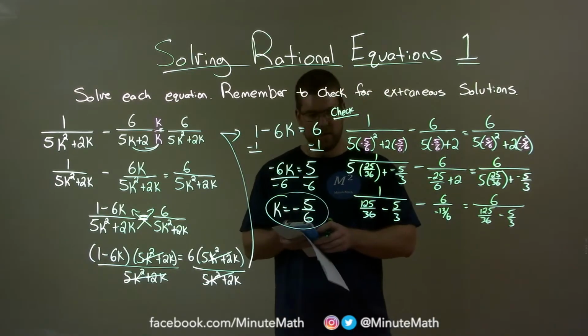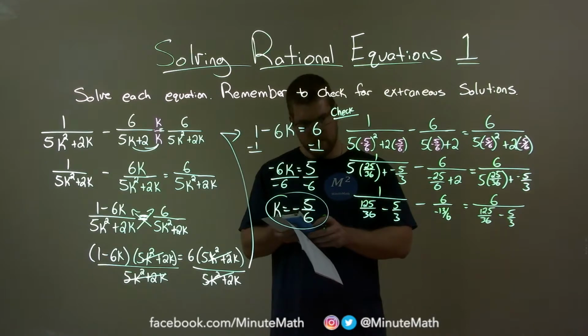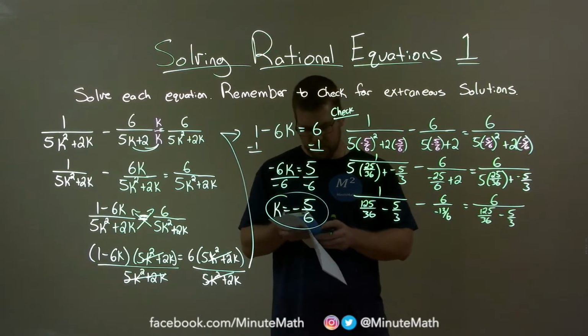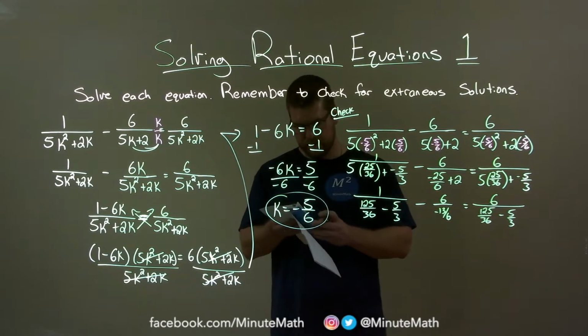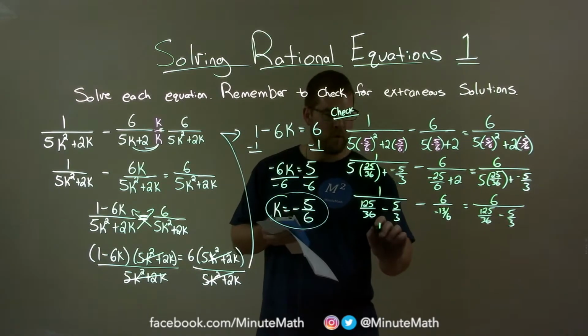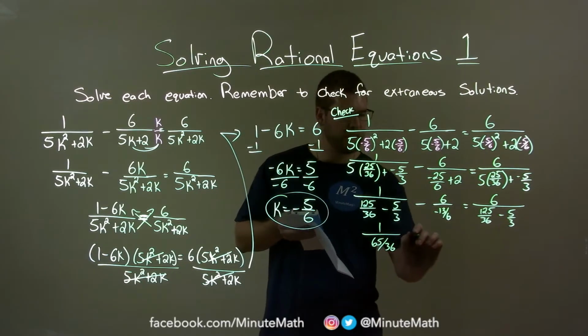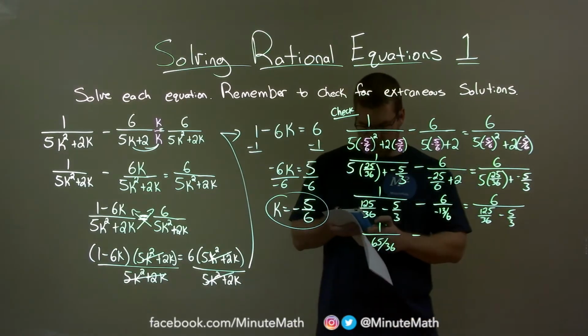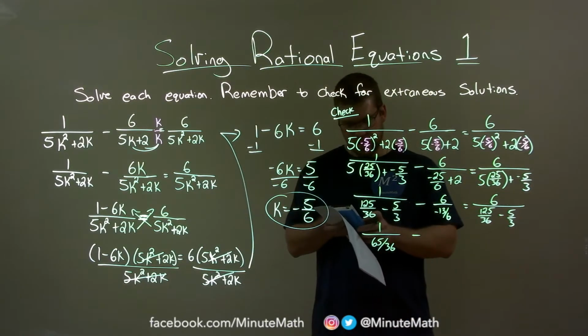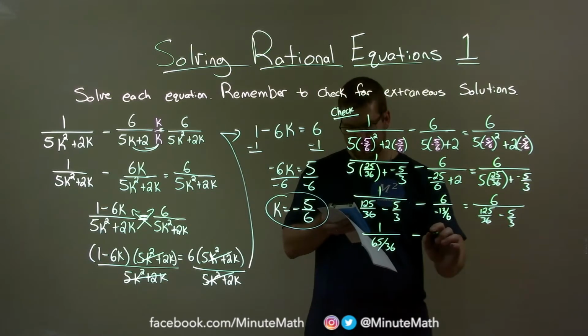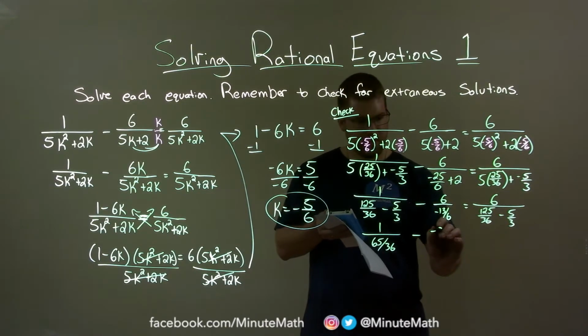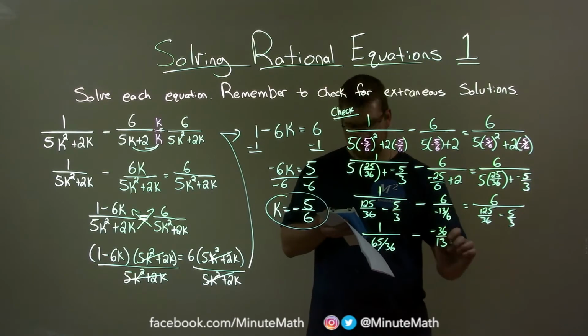What's 125 over 36 minus 5 thirds? And as a fraction, okay, so we have 1 over, and this is 65 over 36, minus, well, we have 6 divided by negative 13 over 6, and that as a fraction, thanks to our calculator, is a negative 36 over 13.